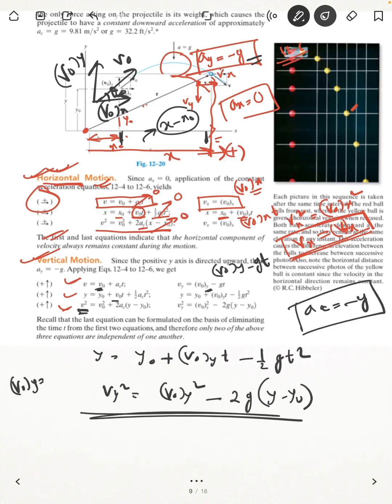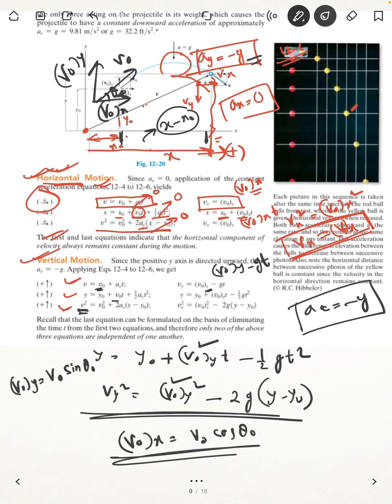If this is theta naught, then v naught y should be v naught sine theta naught, and v naught x should be v naught cos theta naught. Basically the cos and sine, the x component and the y component. So these are the equations that you will be needing to solve the problems in this chapter.